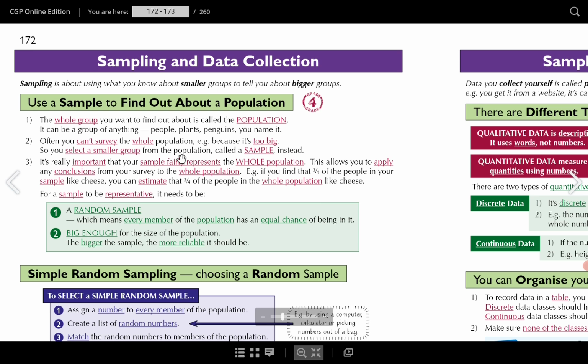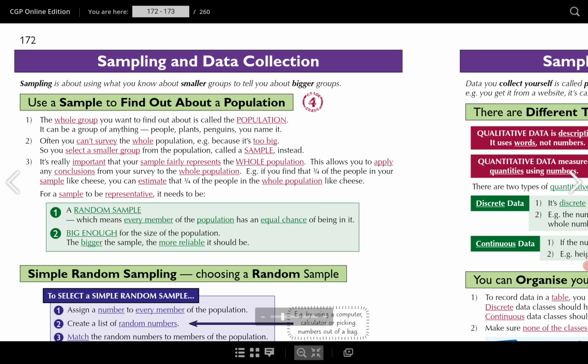The smaller group is called a sample and the larger group is called the population. The whole group that you want to find out about is called a population, while the small group that you are picking is called a sample. It's often difficult to survey the whole population because it's just too big, and it's really important that your sample fairly represents the whole population.